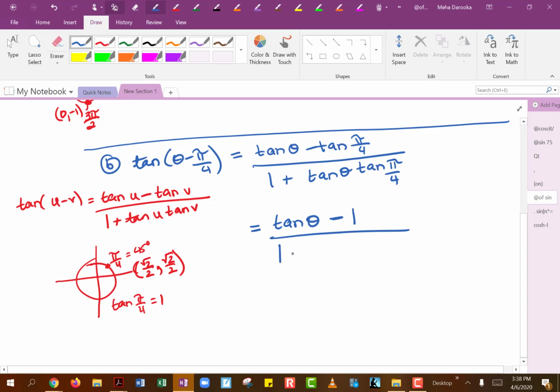Then in our formula, we are given 1 plus tangent of theta will stay the same, but then again tangent of pi over 4 ends up becoming 1. So you are going to end up getting tangent theta minus 1 over 1 plus tangent theta.